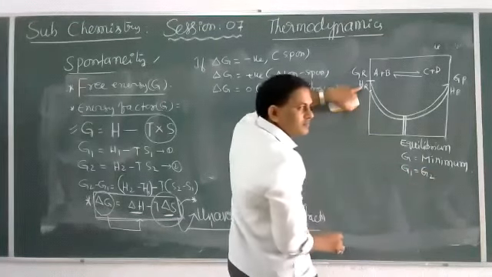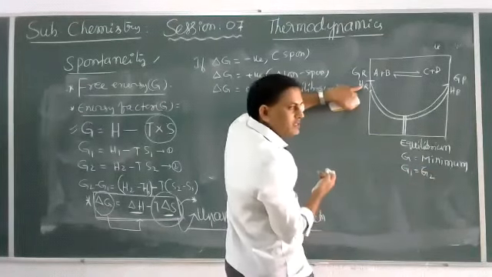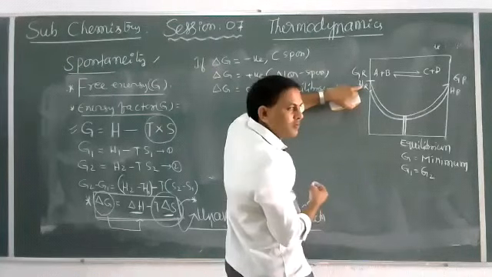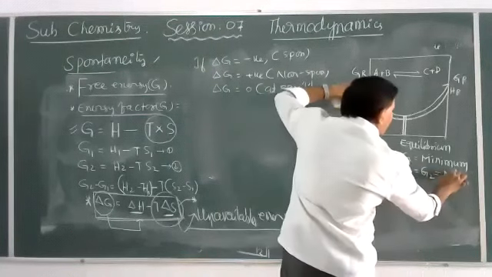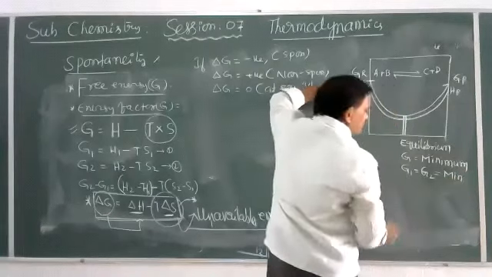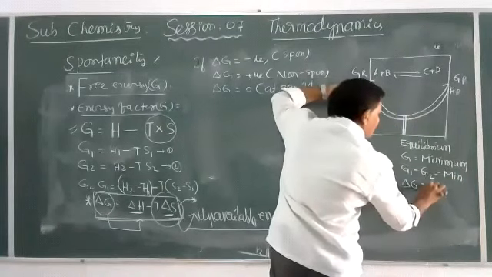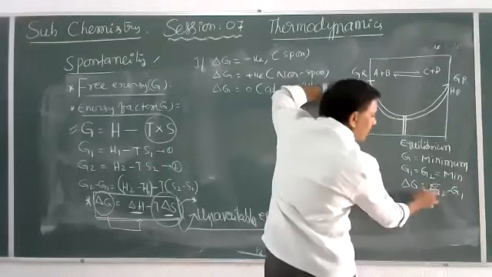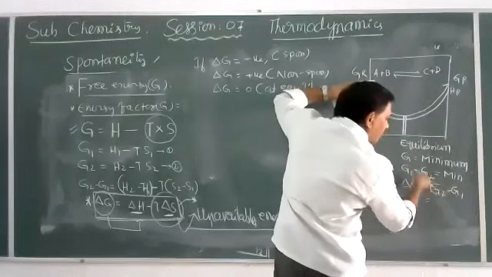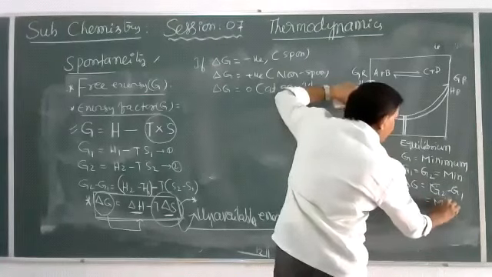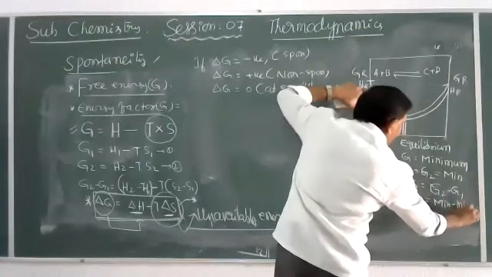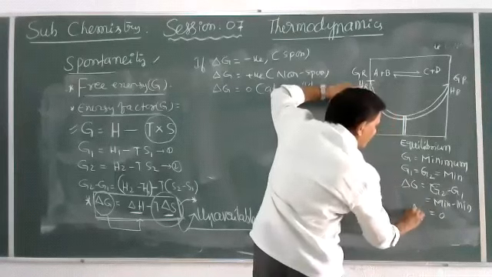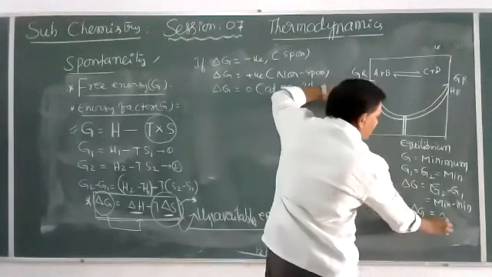Both are equal, because the initial state and final state at equilibrium are both equal. So both are minimum. That's why delta G is equal to G2 minus G1. The G2 value is minimum, the G1 value is also minimum. Both are equal. That's why minimum minus minimum is 0. Delta G at equilibrium must be equal to 0.